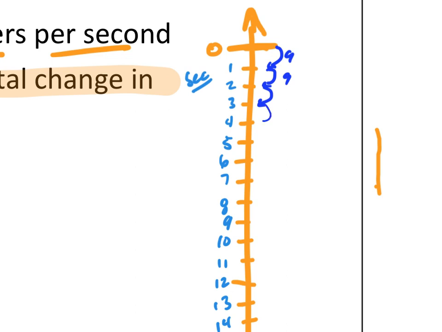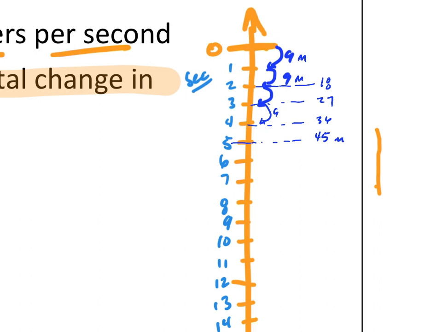Right? So if I'm dropping 9 meters every second, then here at 2 seconds, I've dropped 18 meters. At 3 seconds, I've dropped 27 meters. At 4 seconds, I've dropped 36 meters. At 5 seconds, I've dropped 45 meters, right? So these are all how far I've dropped in elevation.